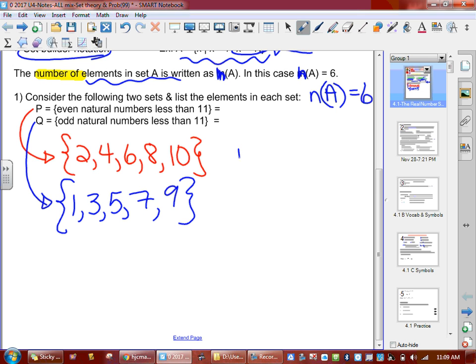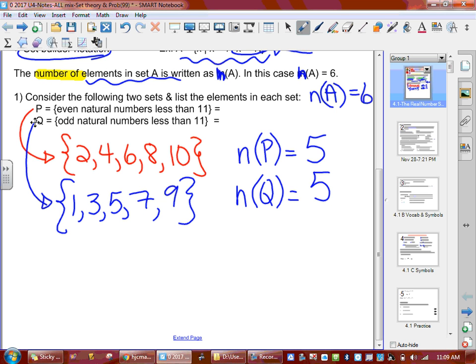What is the number of elements in set P? 5. Good. What is the number of elements in set Q? 5. Good. Now, do those elements have anything in common?